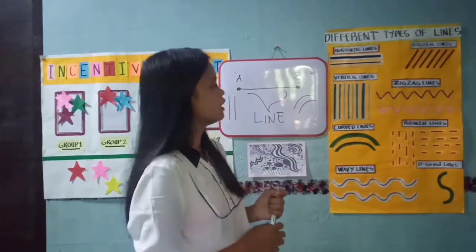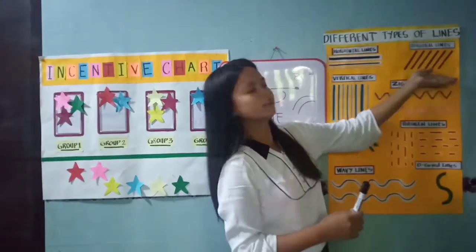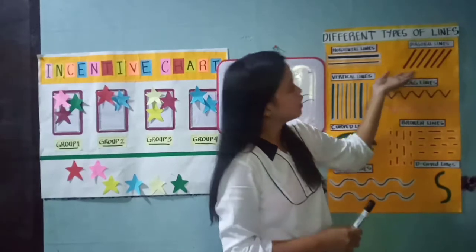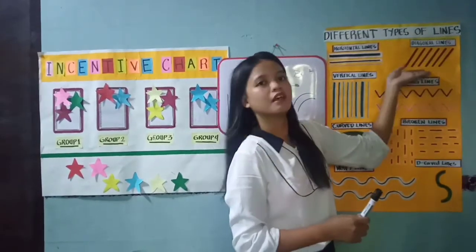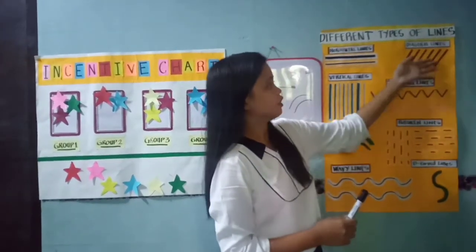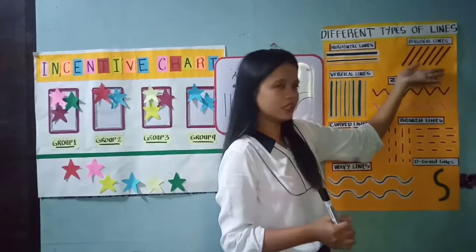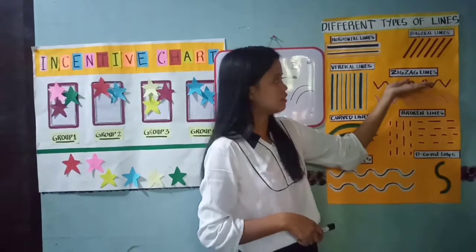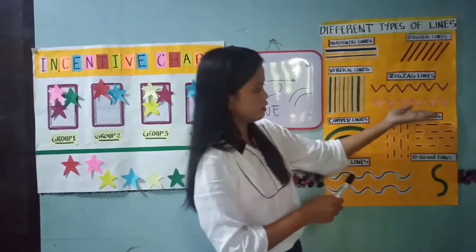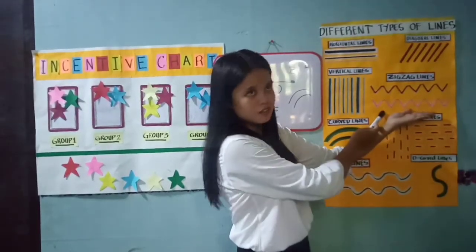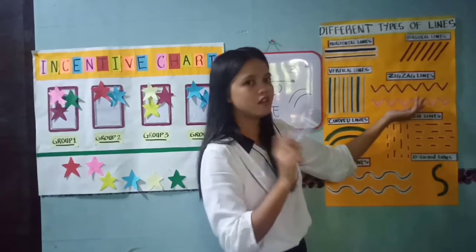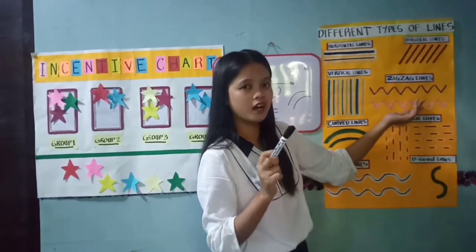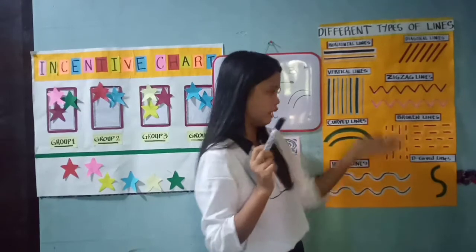Next, we have the diagonal lines, or as you can see, it's slanting. It can also be thick or thin. Next, we have the zigzag lines. This is an example of zigzag lines. It can be a thick zigzag line or a thin zigzag line.